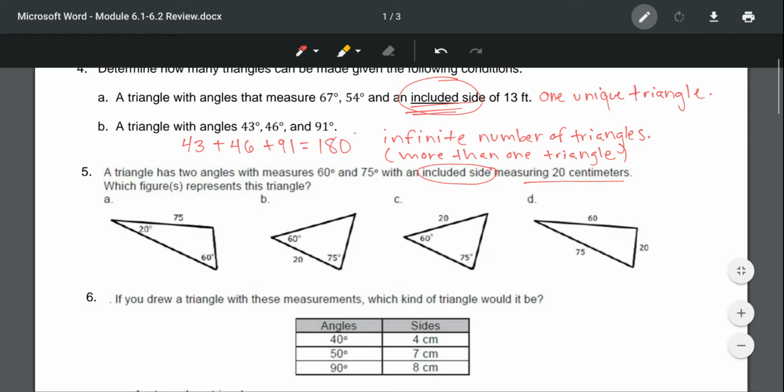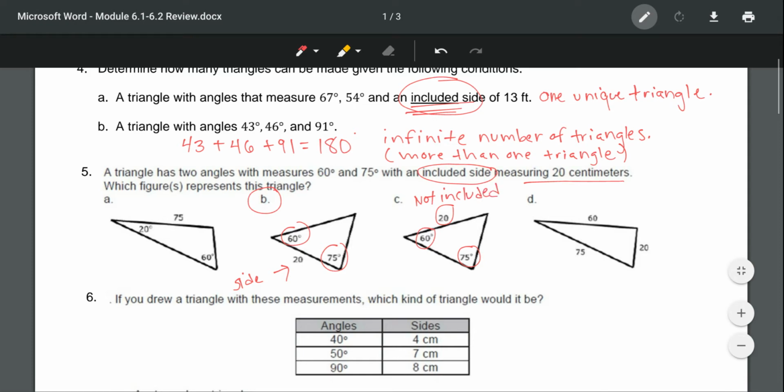So A wouldn't work. B, you have two angles 60 degrees and 75 degrees, and then you have your side in between the two angles. So that means the side is included between the two angles, and that side measures 20 centimeters. So B works. C, you have two angles, but your side is not included between the two angles.